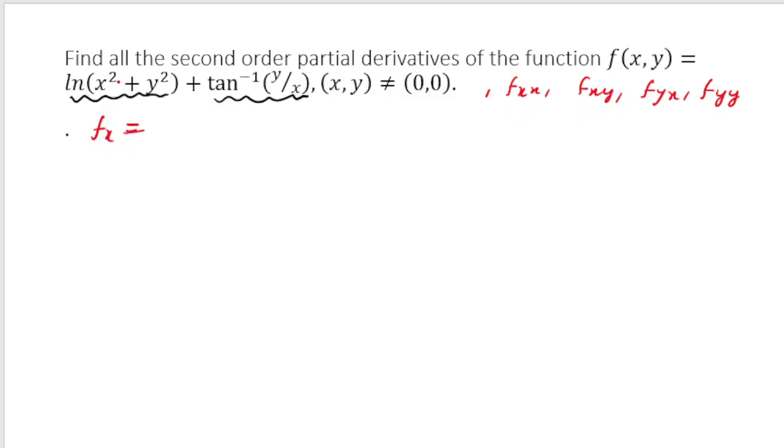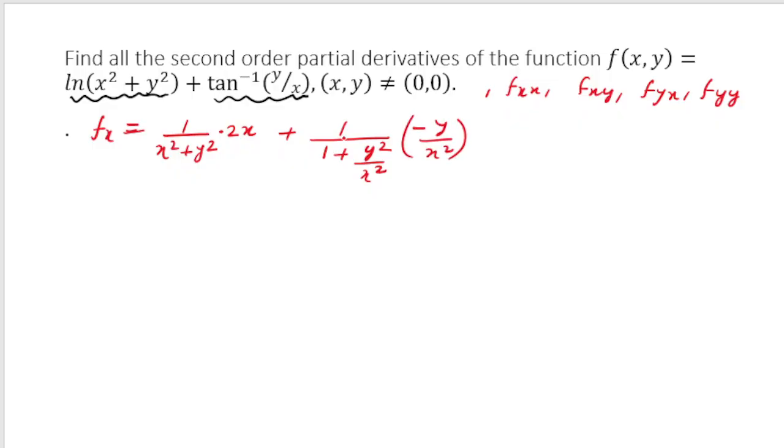If I differentiate this function with respect to x, ln(x² + y²) will give me 1/(x² + y²) times 2x, plus I have to differentiate tan⁻¹(y/x) with respect to x. So tan⁻¹ will give me 1/(1 + y²/x²), and then differentiating y/x with respect to x gives minus y/x².